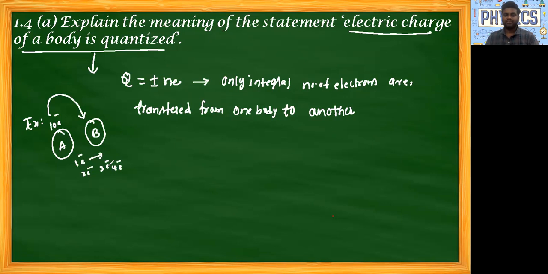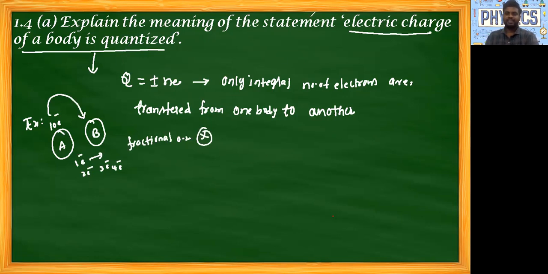The charge is transferred from one body to another in integral form, not in fractional form. 0.2 electron, 0.2 charges, like that is not possible. That is the meaning of quantization.